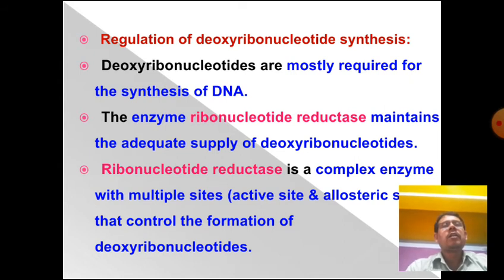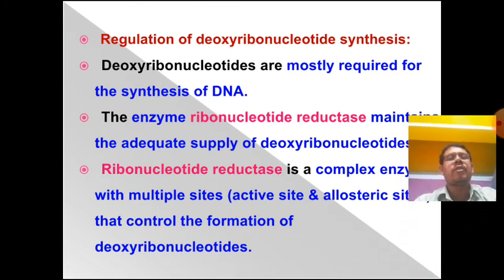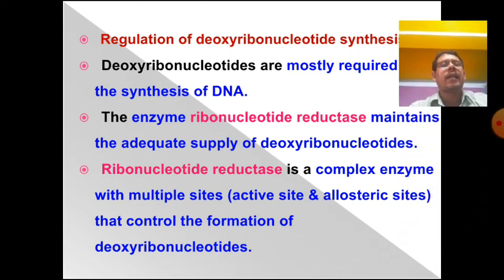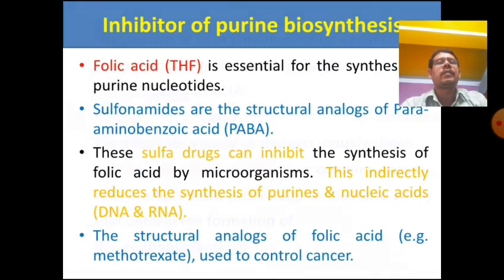The deoxyribonucleotides are mostly required for the synthesis of DNA, and the enzyme ribonucleotide reductase maintains the adequate supply of deoxyribonucleotides. Ribonucleotide reductase is a complex enzyme with multiple sites, active sites and allosteric sites, that control the formation of deoxyribonucleotides.